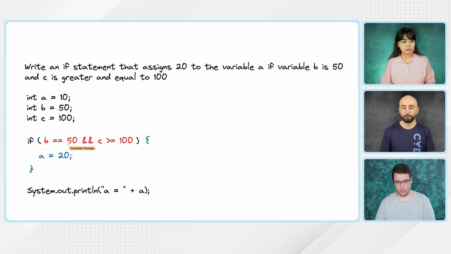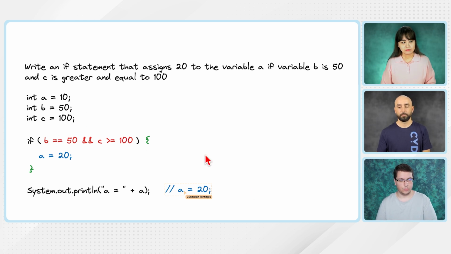And if I do the if statement like this, the result will be a is equal to 20, because right now my b is 50, so it fits the first part of the condition, and c is 100, so it also fits the second part of the condition, right? It is matching, so the condition is going to be true and the result is going to be a is equal to 20.